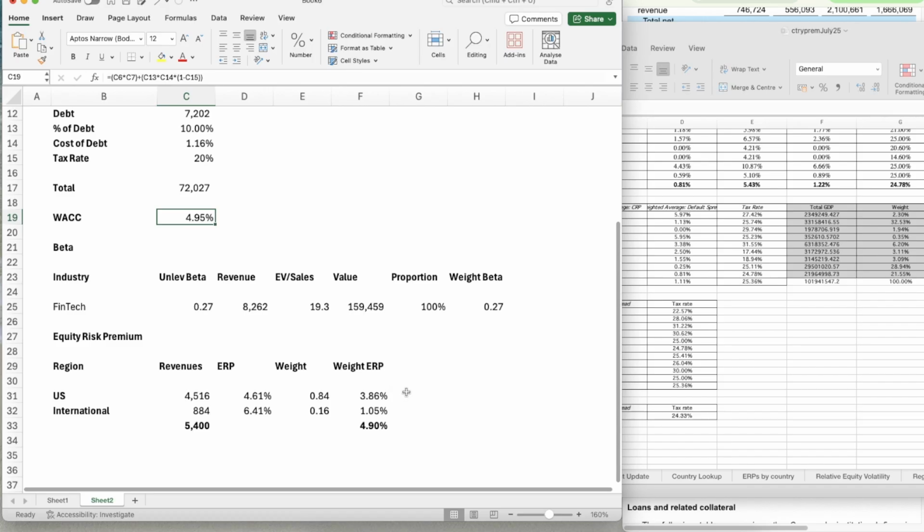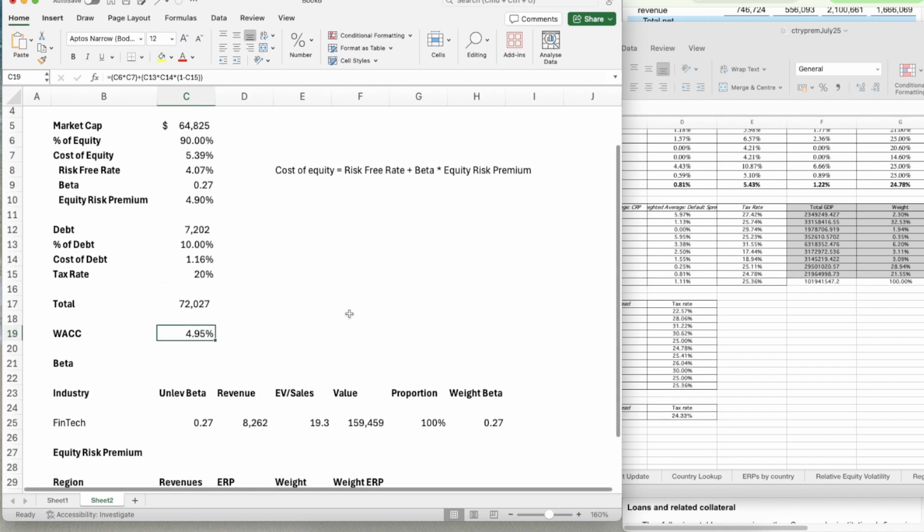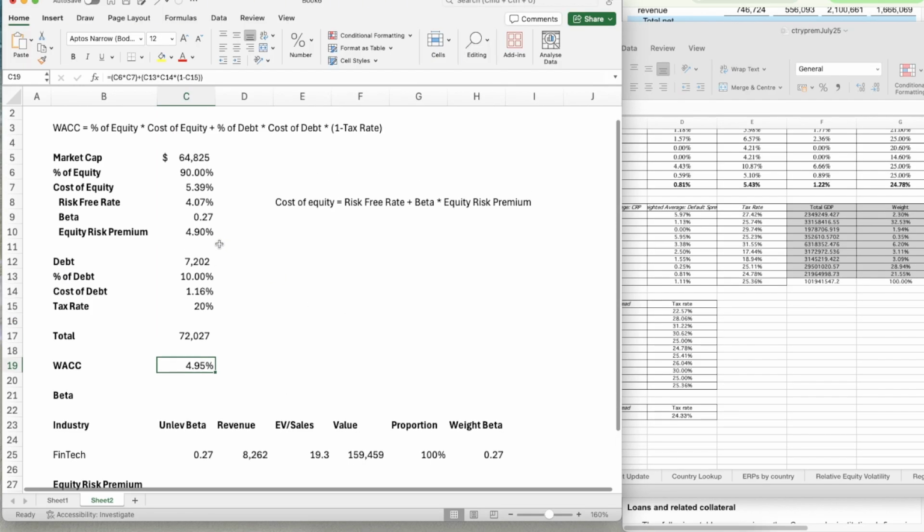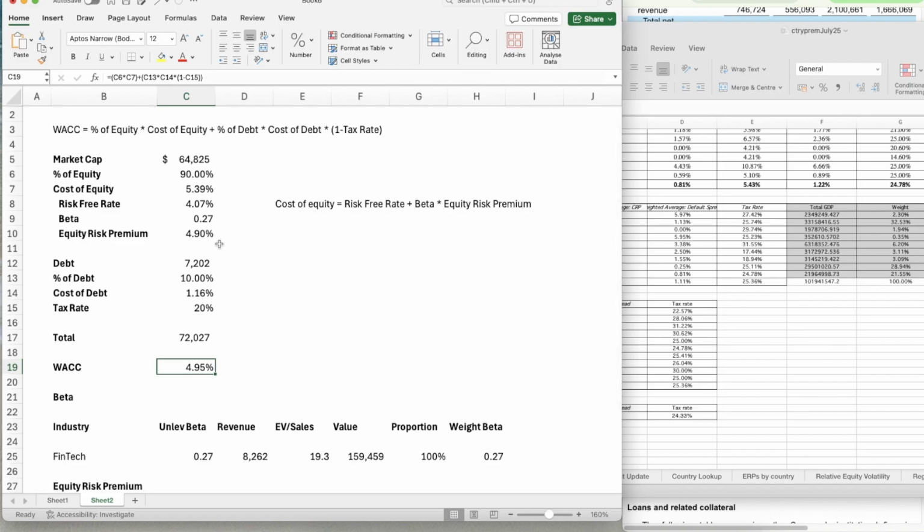I mean, the equity risk premium is pretty much right because the majority of the revenues are coming from the US, which is theoretically less risky than the rest of the world. I would have expected a WACC of between 8 and 10, especially since it's got a good mix of equity and debt.